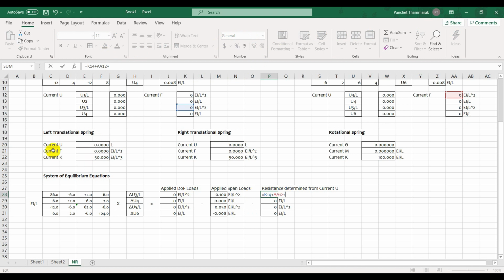So add up with the contribution from the left spring, and this has nothing to help. This adds up with the contribution from the right spring.